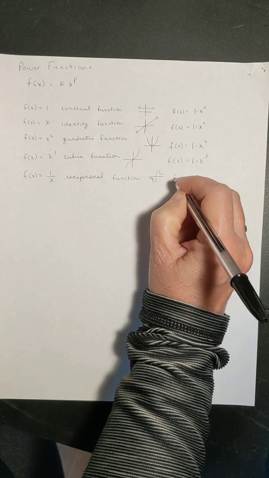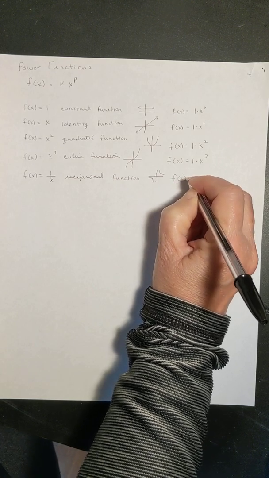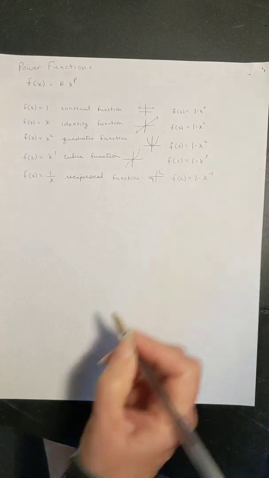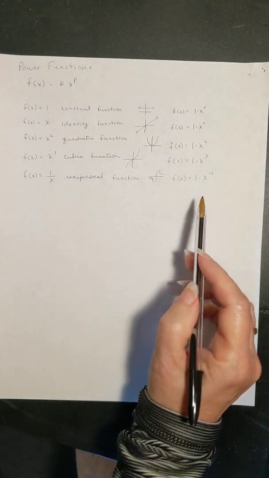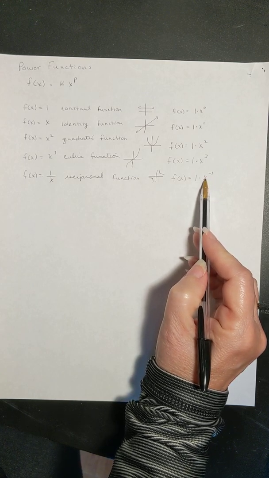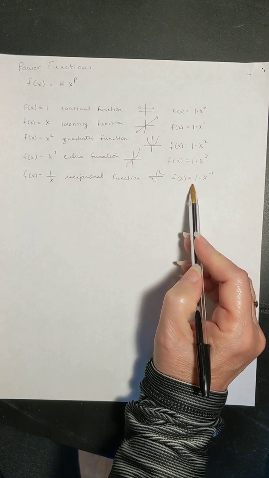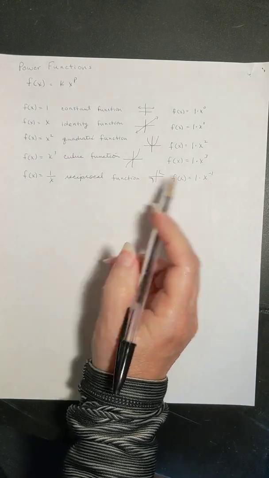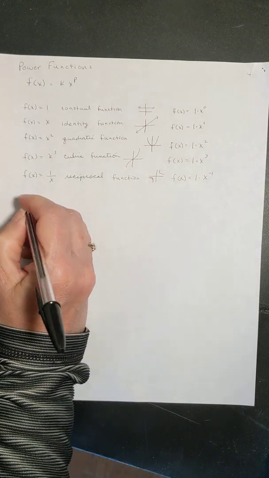And it can be written as f of x is equal to 1 times x to the minus 1. Because remember, when you have x to the minus 1, that means to take the reciprocal, and so that puts the x into the denominator. And so the reciprocal function is also a power function.